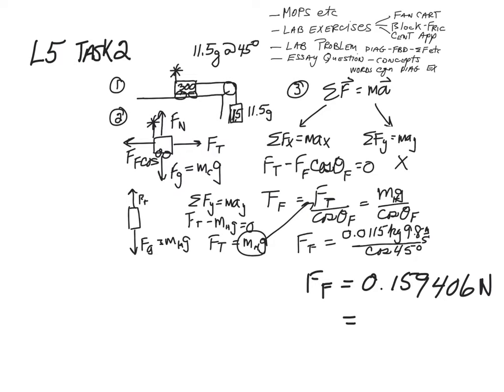So if I give you 45 degrees, that's only 2 digits, you would round to 1.6 newtons. Or if the angle had been 45.0 degrees, then you could leave it as 0.159 newtons, remembering that the number of significant figures has to match the significant figures in the data that you're given.